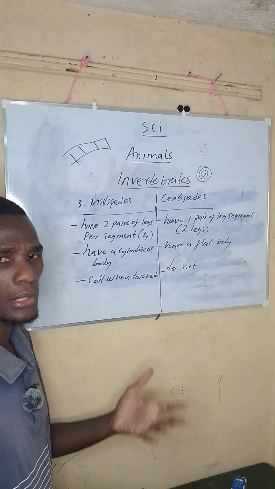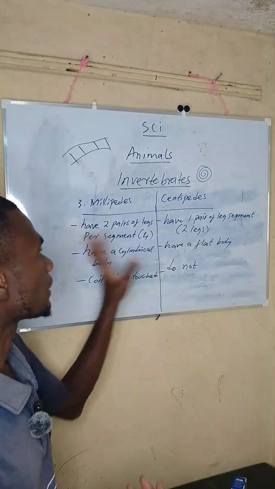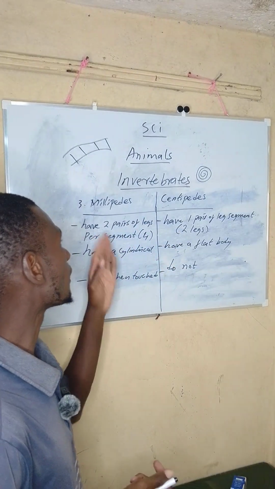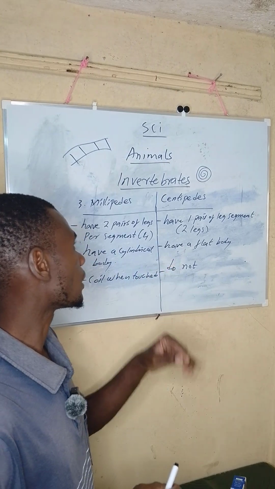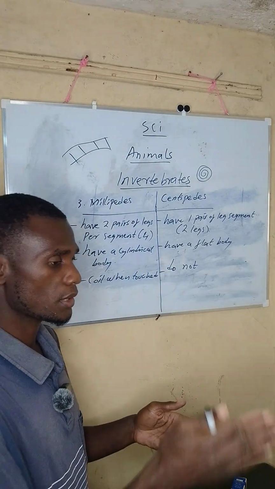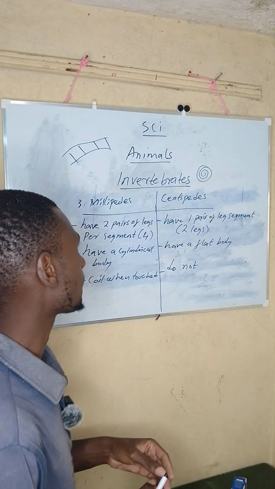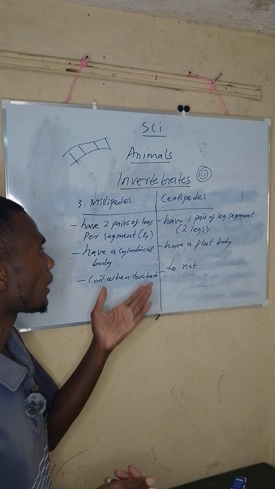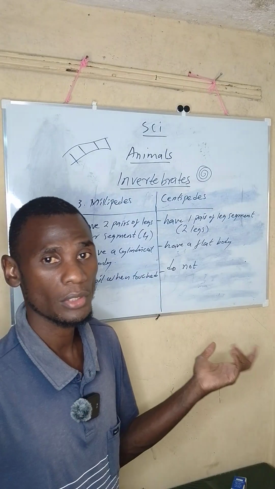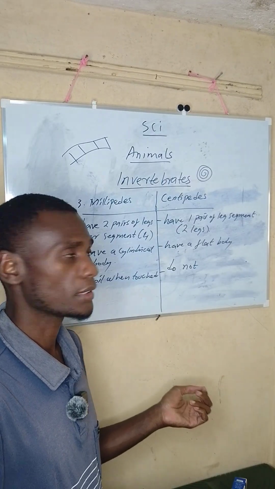Otherwise, the characteristics they have in common is that they have segmented bodies. That is a characteristic of these animals. That means their bodies have been divided. Another characteristic common to both of them is that they have many legs.